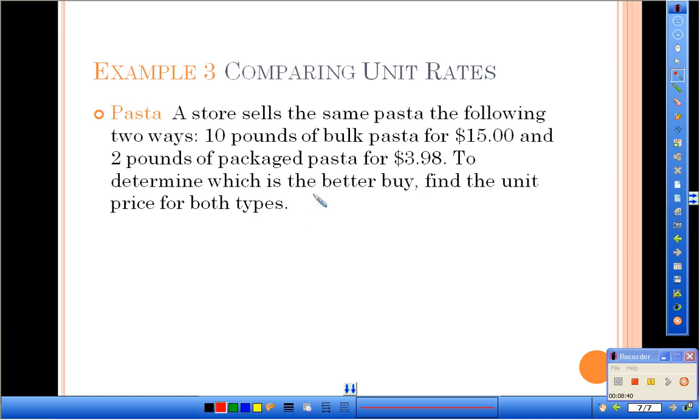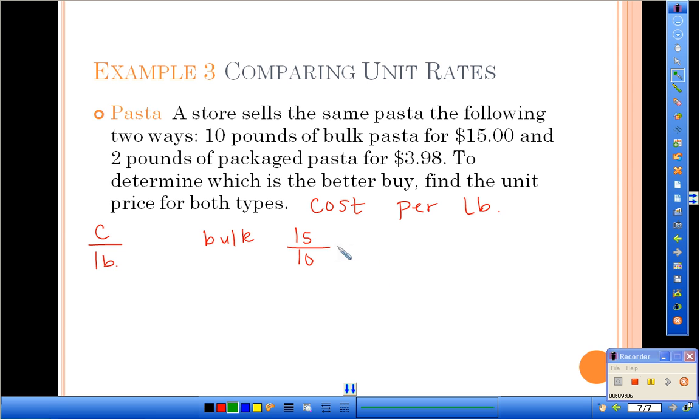So we're going to find the unit price by doing the cost per pound. So we're going to have our cost in the top of our ratio and our pounds in the bottom of our ratio. For the bulk pasta, our cost is $15 for 10 pounds of pasta.